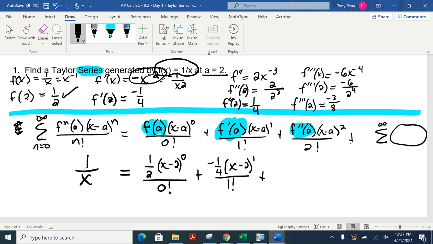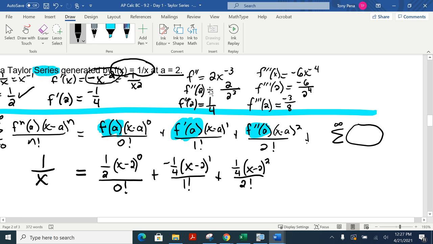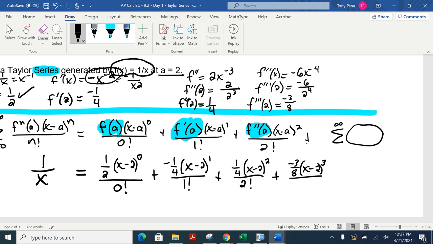Then we want our second derivative value, which we found to be a positive 1/4, x minus 2 squared over 2 factorial. And the last one that we did is our third derivative. We found that to be a negative 3/8, x minus 2 cubed over 3 factorial.